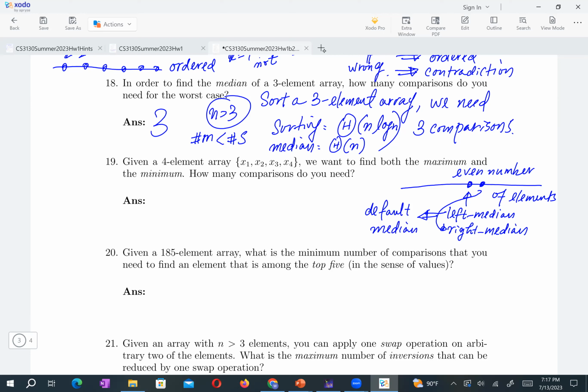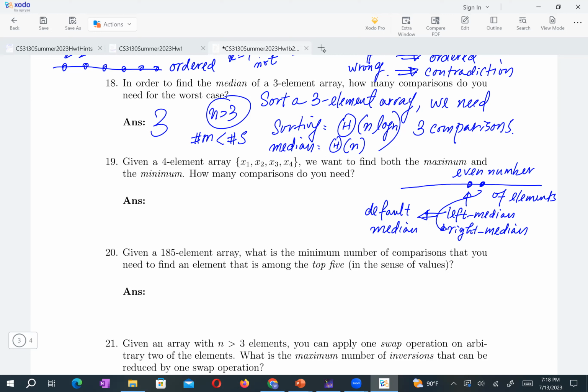The left median is the default median. It's certain, because later when people ask you to find the median of an array with an even number of elements, the definition is clear, left median. Because some students may ask, which one do you mean? Left or right?